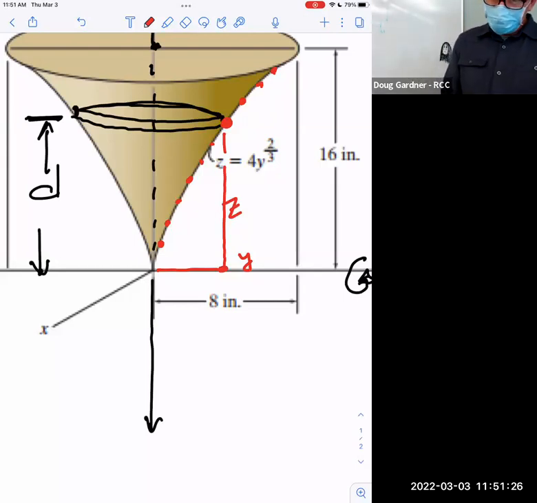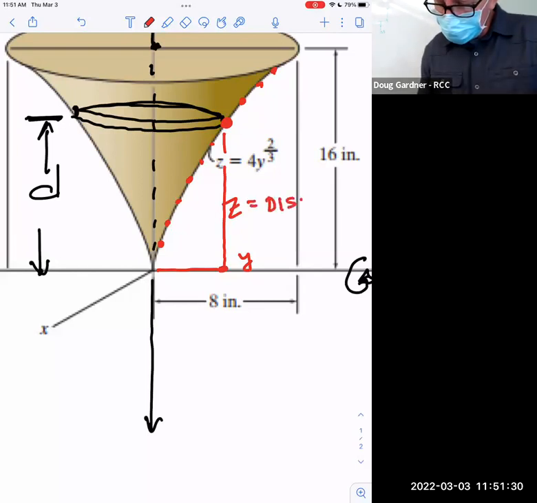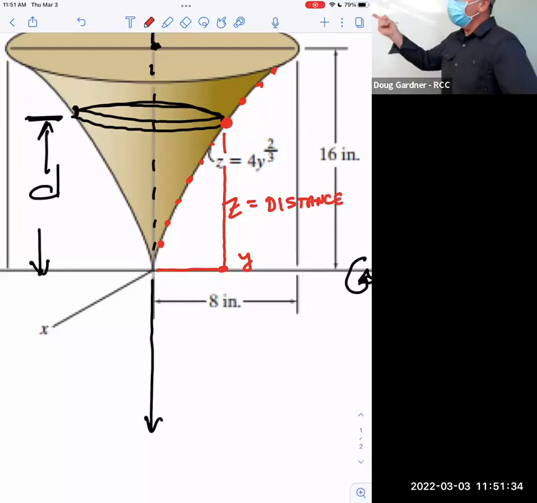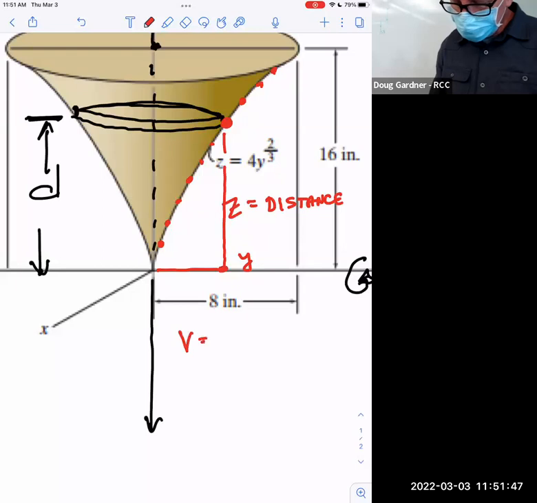So thanks to that designation, does it make sense Z is actually your distance then? I mean, for the moment calculation, that's how far your slice is away from the axis around which you're rotating. It's a distance of Z away. And the volume formula hasn't changed.